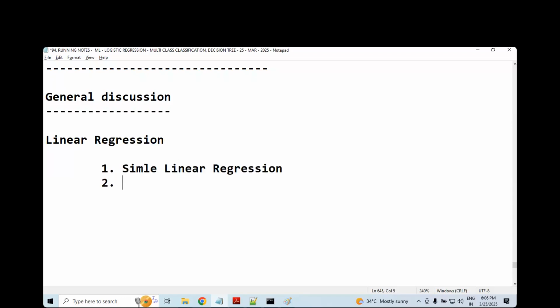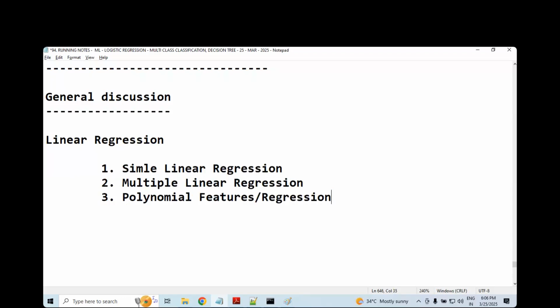The second one will be multilinear regression. The third one will be polynomial feature or regression. The fourth ones are lasso regression and ridge regression, upcoming topics actually.